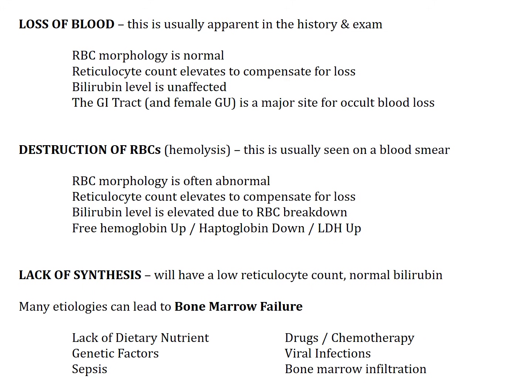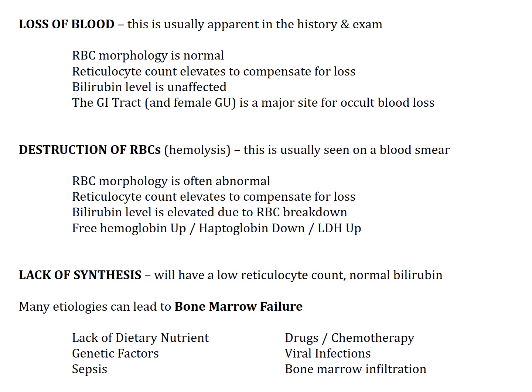If you're losing blood, your body is trying to make more red blood cells, so your reticulocyte count should be okay. You're not hemolyzing red blood cells, so your bilirubin level should be all right. And unless the bleeding is readily apparent, you know, slashed wrist, gunshot wound, something like that, the other places where you've got to look for loss of red blood cells is the GI tract of males and females and the genitourinary tract in females.